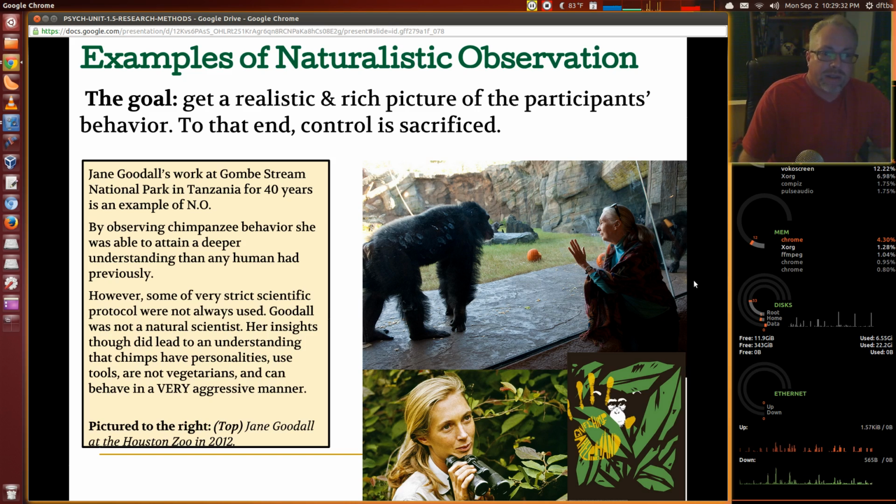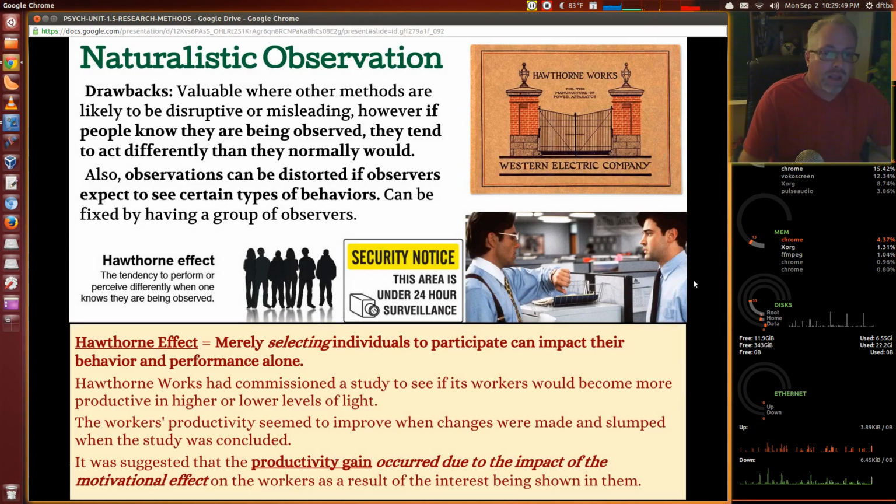But she noticed that they did. So it's a more realistic and rich picture of the participants' behavior, but control is sacrificed for certain. Now, in her case, she was an observer for a long time, but then she became someone who started to interact with them at a later point in time. So obviously, she wasn't a natural scientist either, and a well-trained scientist. She went about things a little bit differently, but if you know more about her, she's a really interesting person.